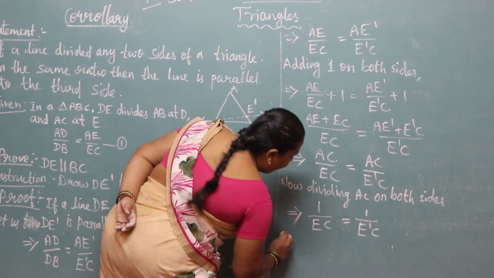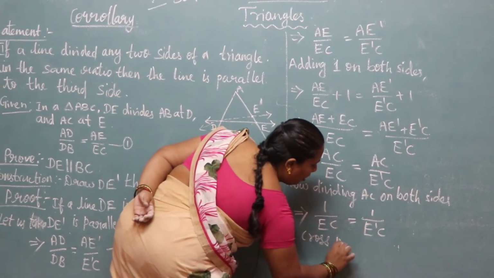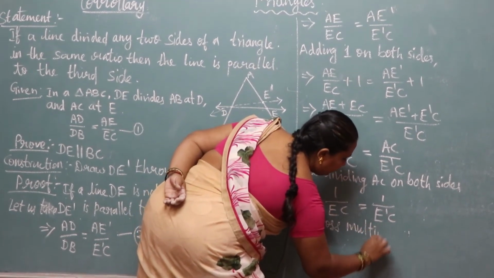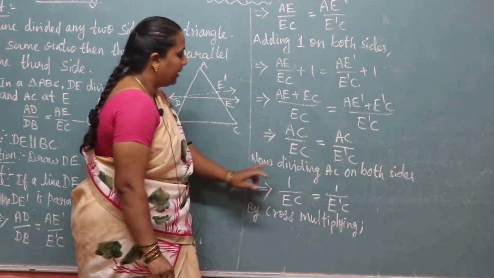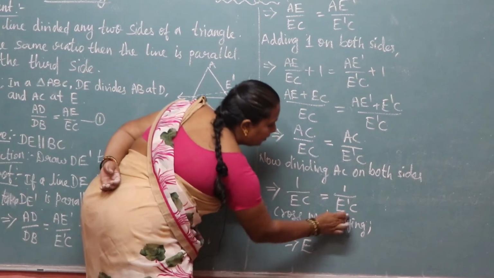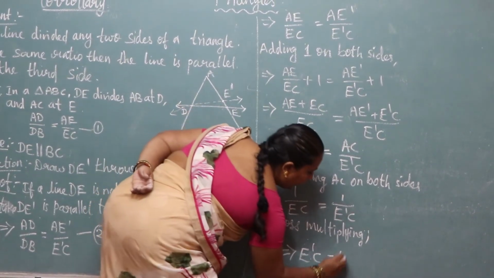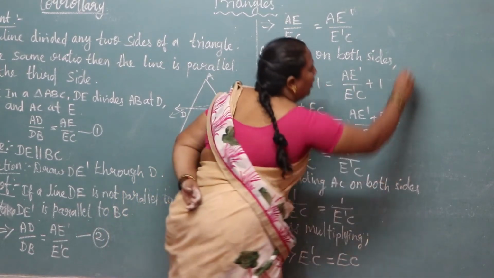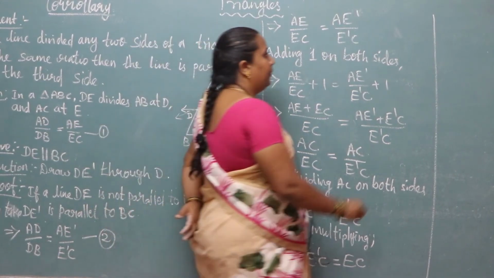Okay, now by cross multiplying we can get E dash C equals EC.